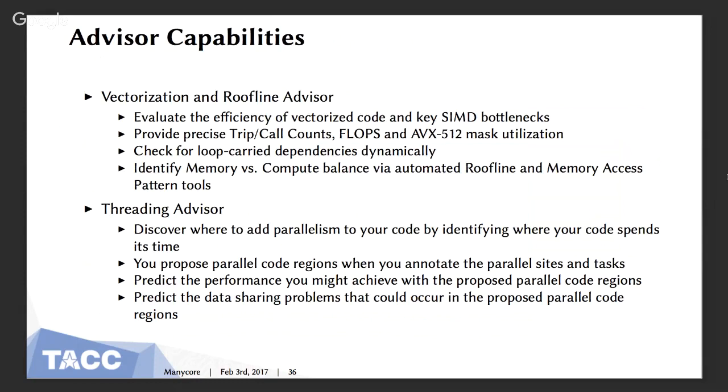It'll also give you the number of flops that were performed by a given loop. It checks for loop dependencies for you, which could be pretty useful when you're parallelizing your code. And it can identify different imbalances within the operation of your code.